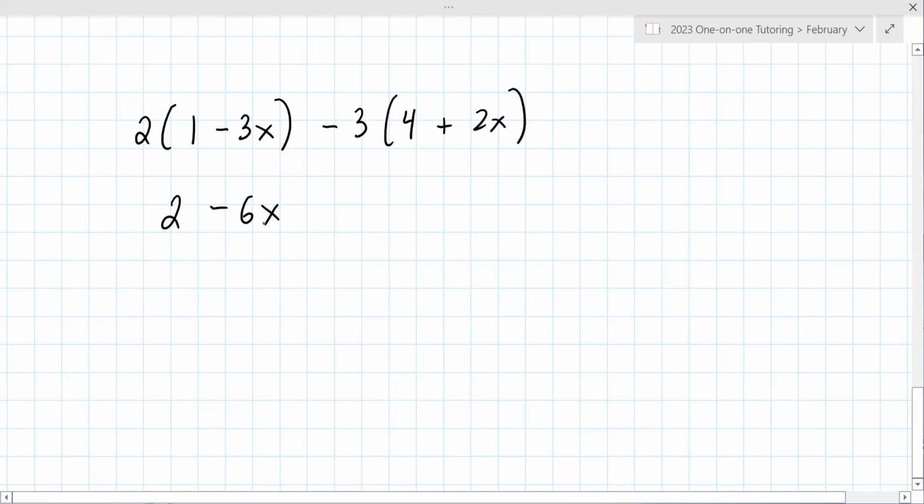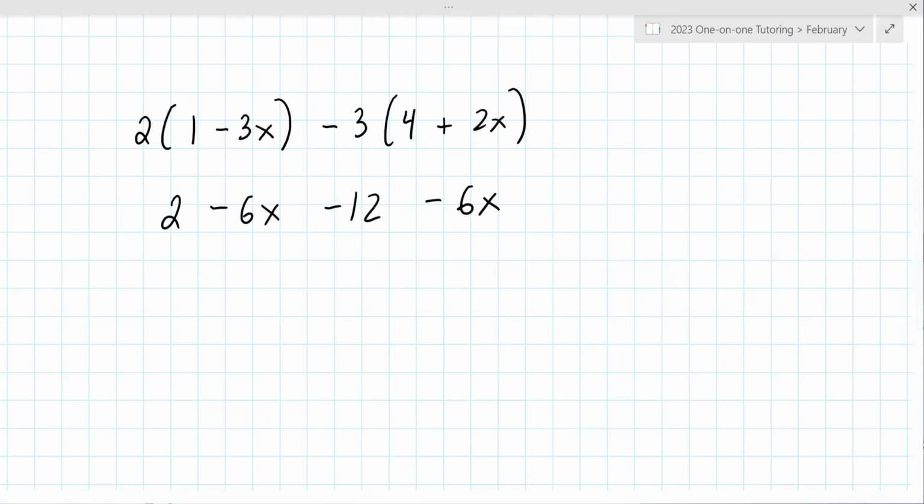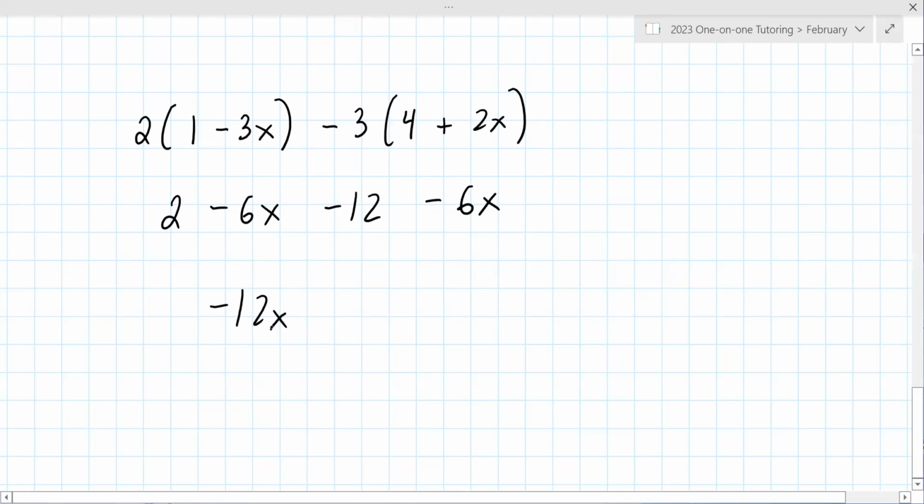Good. -12. And then -6x. And then altogether that would be -12x, right? Yep. And then negative, yeah, -10. Yes, -10. Perfect.